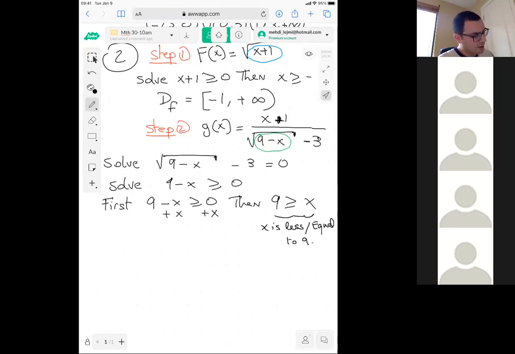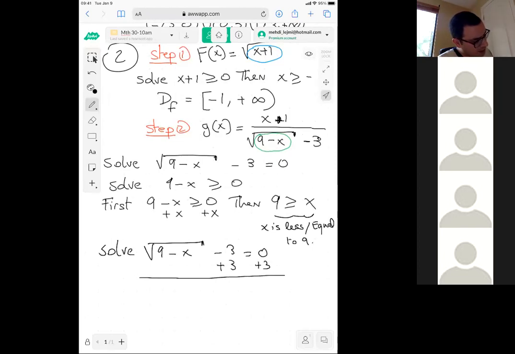That's the inequality. Now we're gonna solve the other equation, the square root of 9 minus x minus 3 equal to 0. So we add plus 3. So it's the square root of 9 minus x equals positive 3. You apply the square. So then 9 minus x would be equal to positive 9.